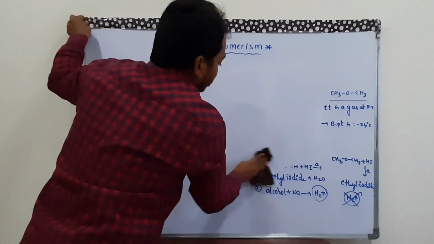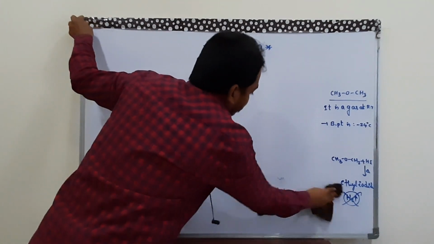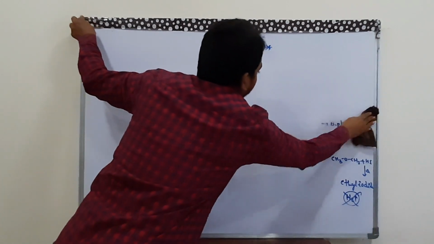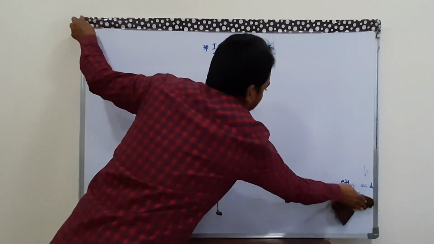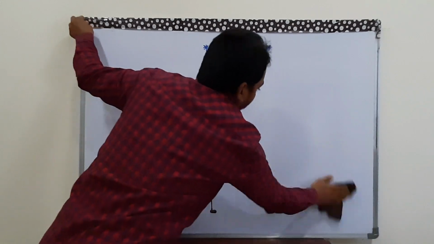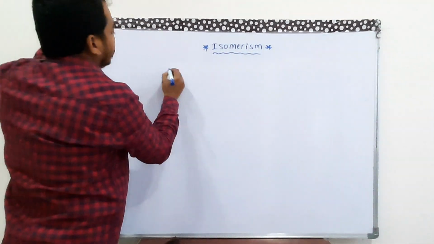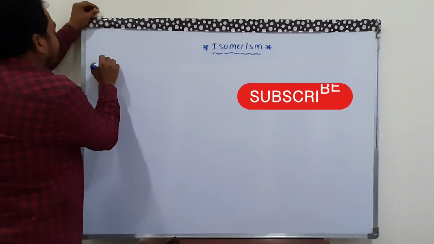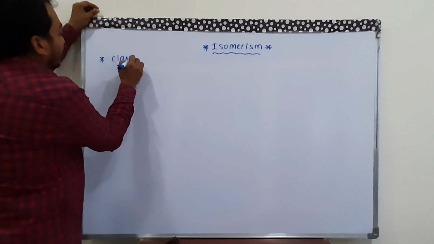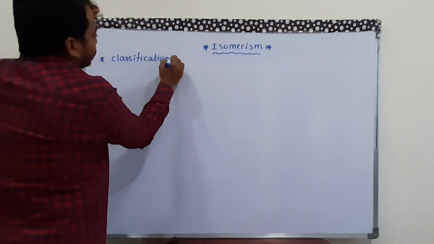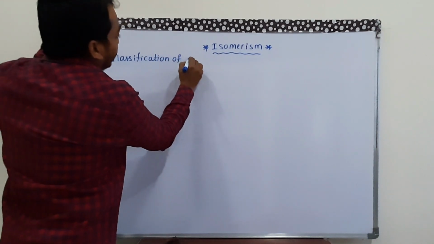Again, structural isomerism is classified into 6 types.